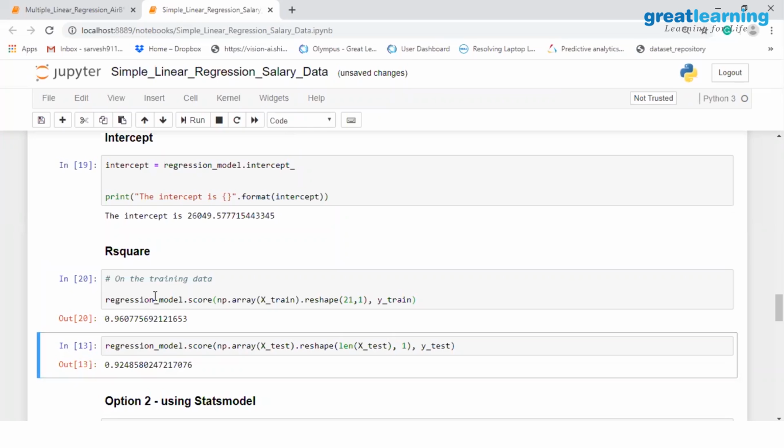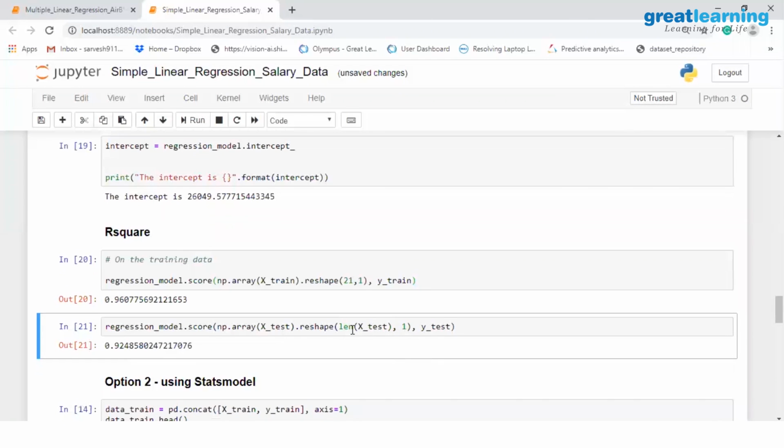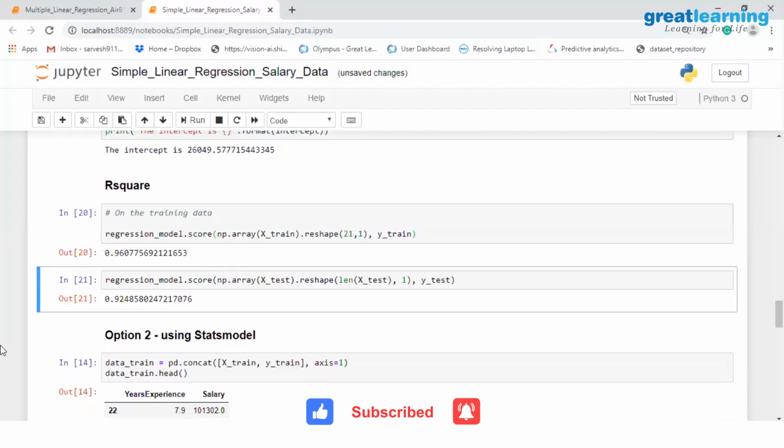Now in the test set, how much is it able to explain? The same with x_test. Here the length of x_test, or you can put 9, the remaining rows, comma 1. So 92% it is able to explain.